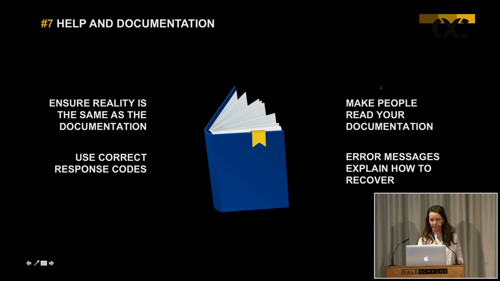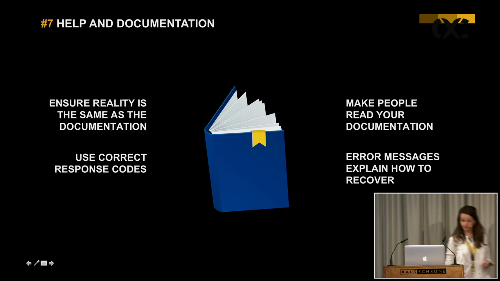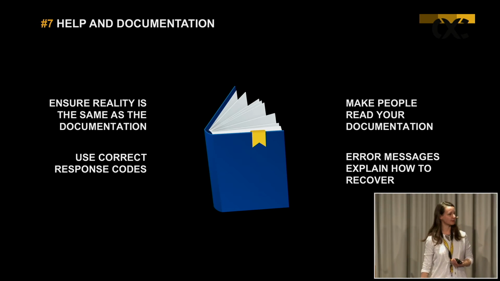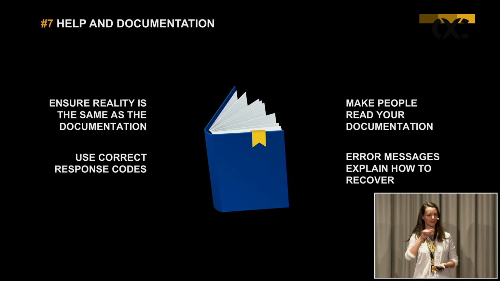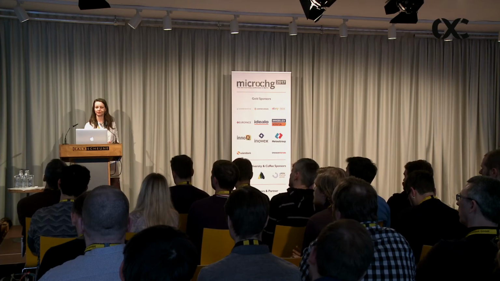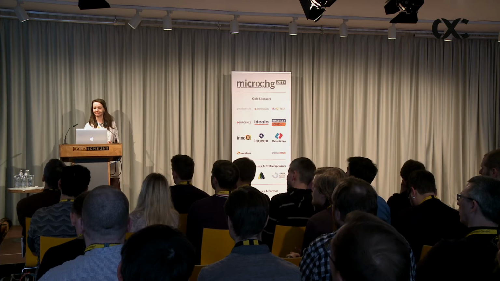And then the other two are, again, very technical things. Response codes are there for a reason. They are very, very good. If something is good, return 200 OK. If you created something, return 201 created. Some of your users will not be people, some of your users will be machines. It's very, very useful for them if they get the correct response code.